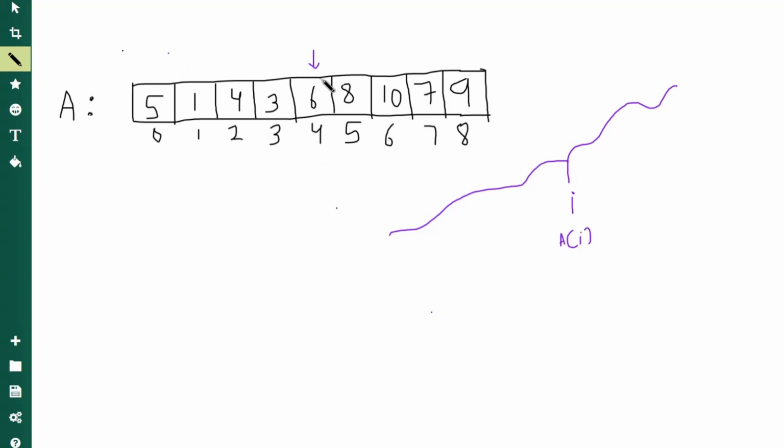We compare if all the elements to the left of it are strictly less than this element or not. If they are strictly less than the element, then yes, there is a possibility that this is the perfect peak.